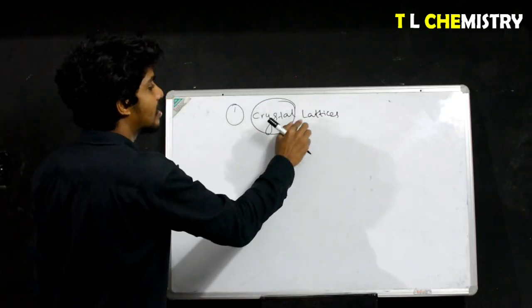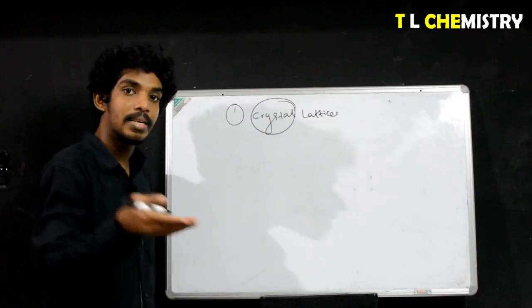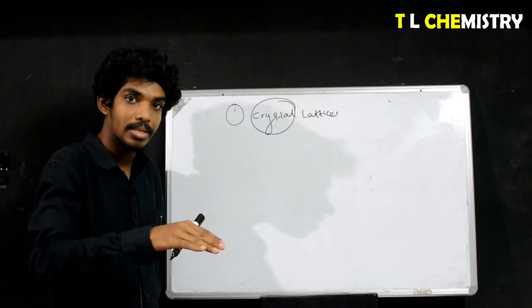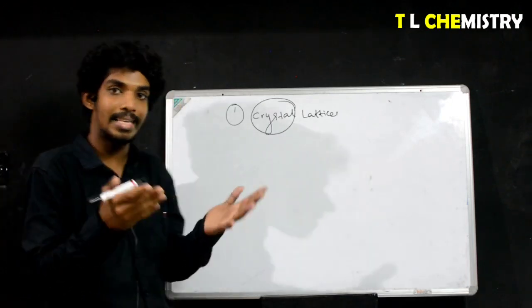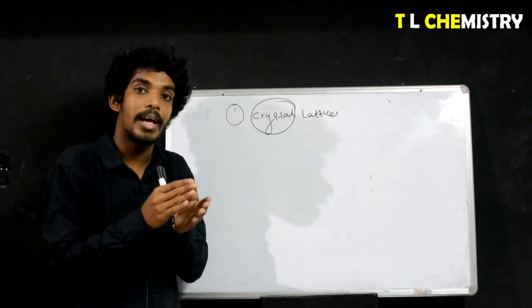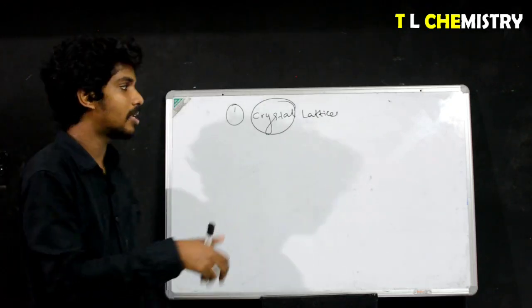It is the lattice in which the atoms are arranged. So we can call the crystal lattice the three-dimensional arrangement of atoms in which the entire crystal is formed.